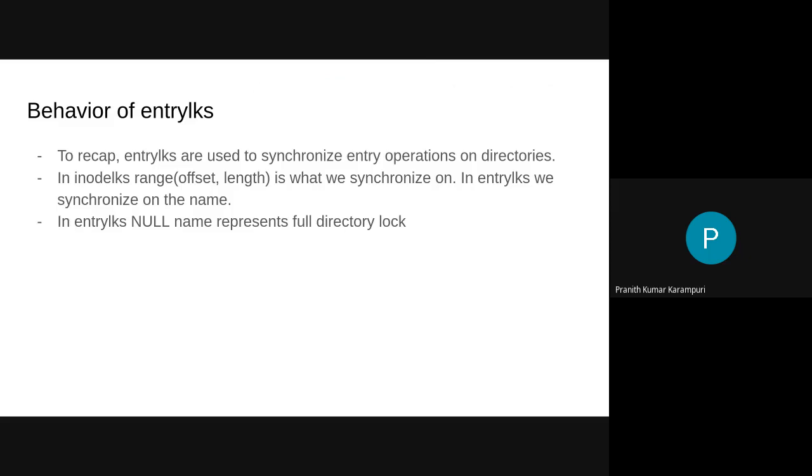Just like a full file lock is represented by length 0 in inode LK, in entry LK the full directory lock is represented as a null value for the name. So that is a little bit about entry LKs.